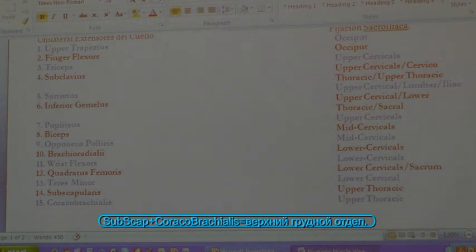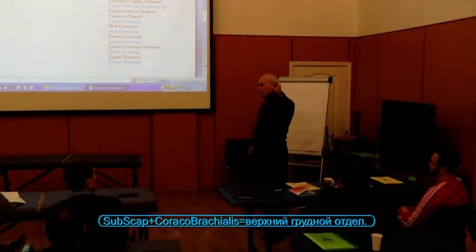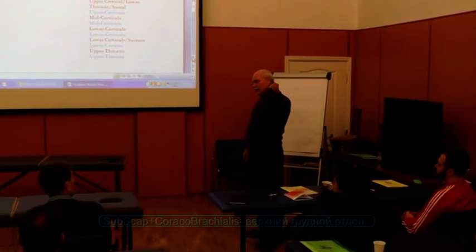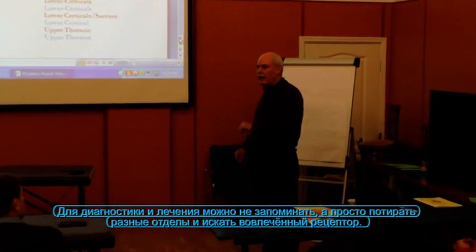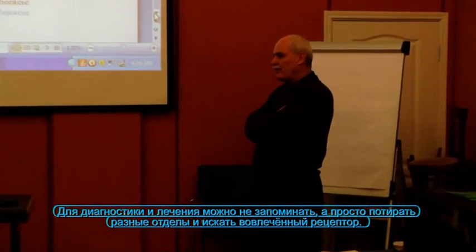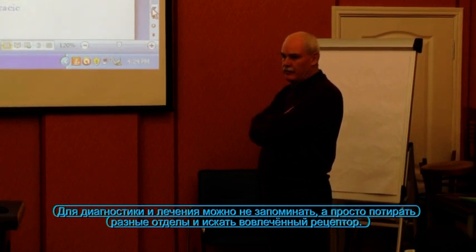You need to know only what area is related to this weakness. And you need to rub different parts of this area to find the spot where the receptor is located. Actually, there is no need to memorize.